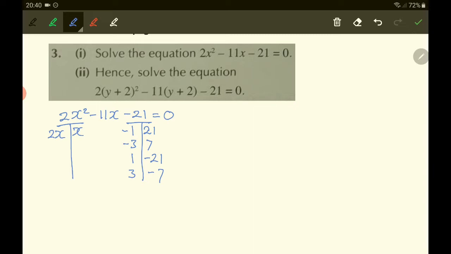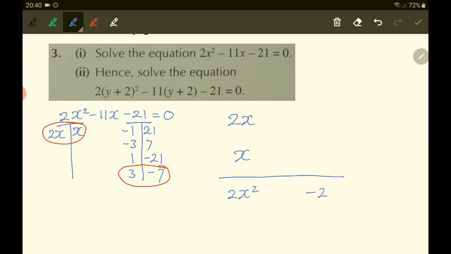In this case, I'm going to try this. 2x and x represent 2x squared, and for minus 21, which one goes where? I think I want to put 3 and minus 7.